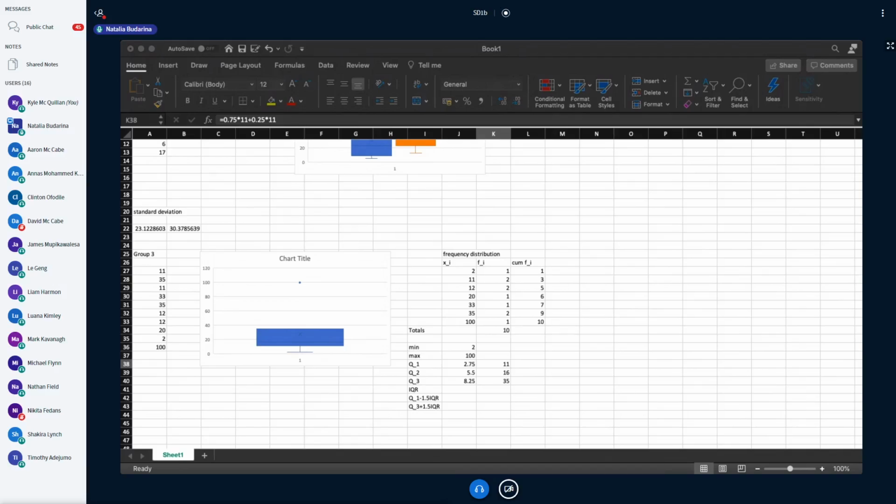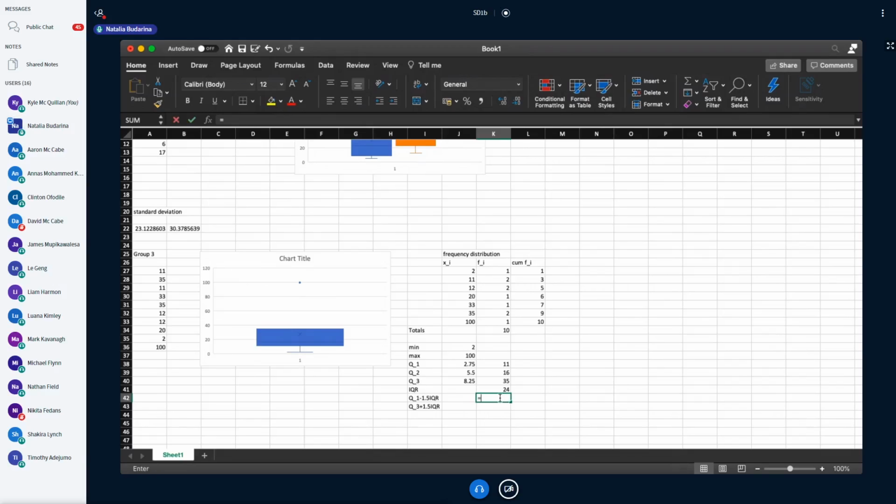Okay, we go back to the questions. Okay, Nikita, I will share this file too, one second. We will finish these calculations now. What is IQR? It's Q3 minus Q1. Q3 is 35, minus Q1 which is 11, so 24.